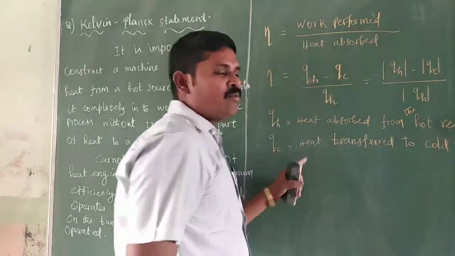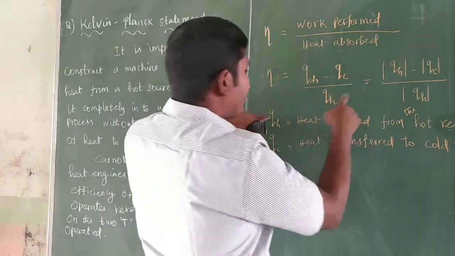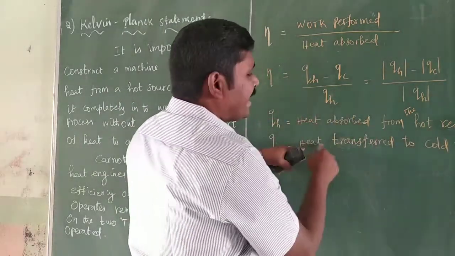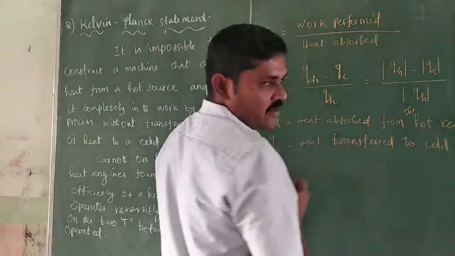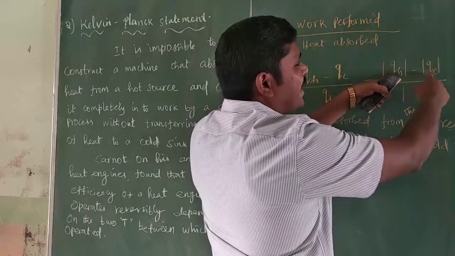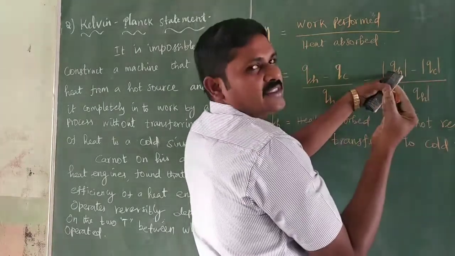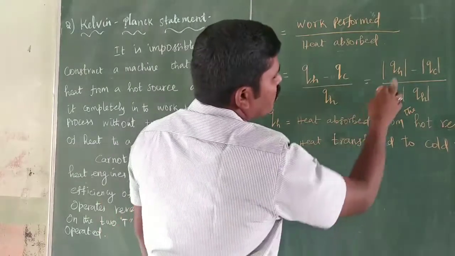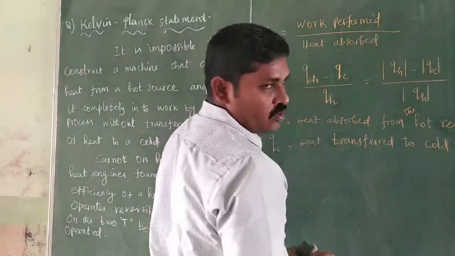So the heat absorbed from the hot reservoir and the heat transferred to the cold reservoir. So eta is equal to QH minus QC divided by QH.